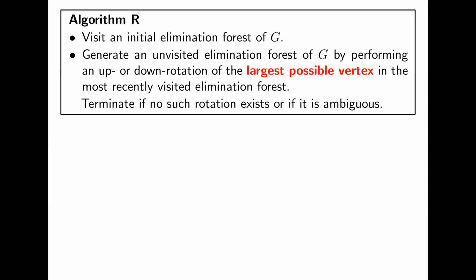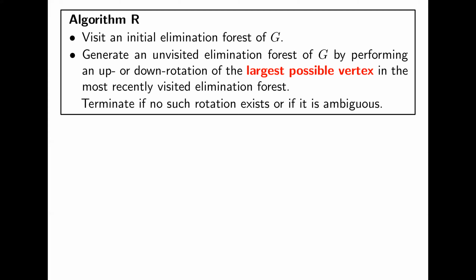Then there's ambiguity, and in those cases, we decide that the algorithm should terminate. One important thing to note: this is just the conceptual description of the algorithm, not yet the implementation. In particular, this is not an efficient algorithm. Later I will talk about how to make it efficient.